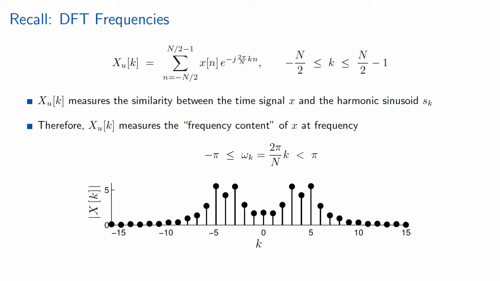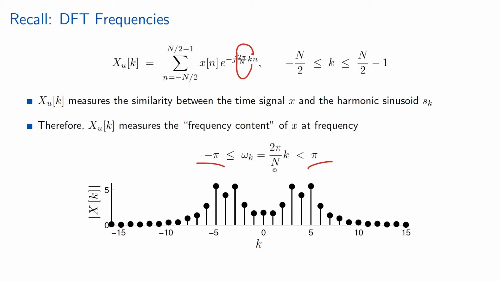The last thing I want to remind us of is that when we're computing any DFT, once we pick a value k, that defines a frequency omega_k, which is just 2 pi over N times k. And no matter how large N is, it's very important, the frequency omega_k always lives between the frequency minus pi and the frequency plus pi.